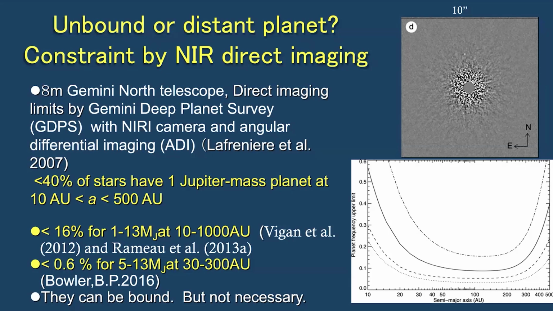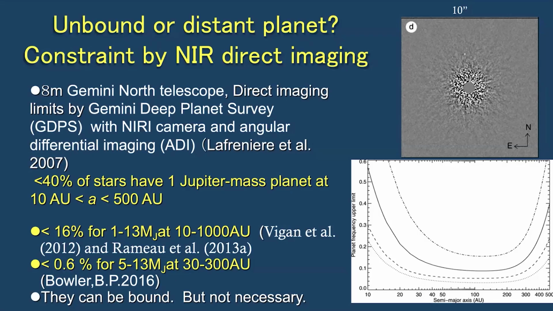And various other surveys put stronger constraints, like less than 60% for 1 to 13 Jupiter masses at 10 to 1000 AU, or less than 0.6% for 5 to 13 Jupiter masses up to 300 AU.